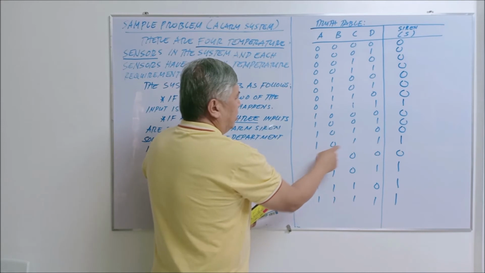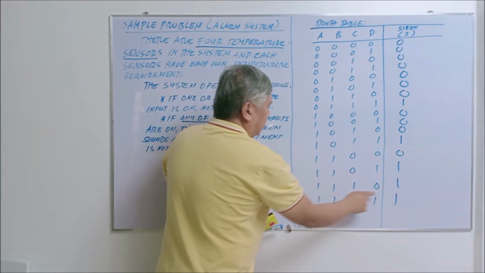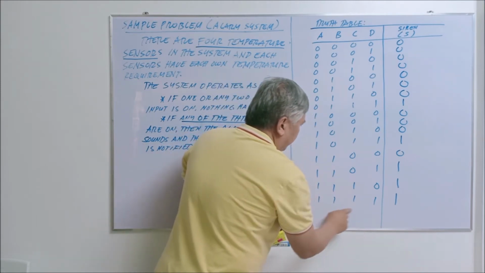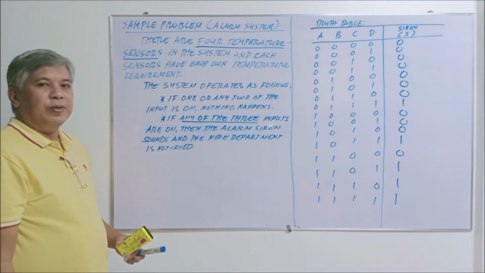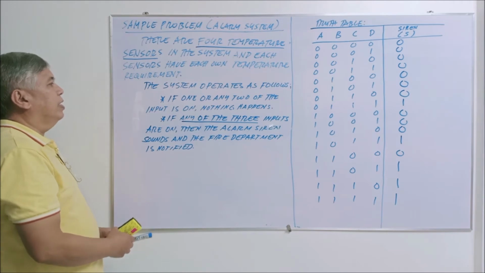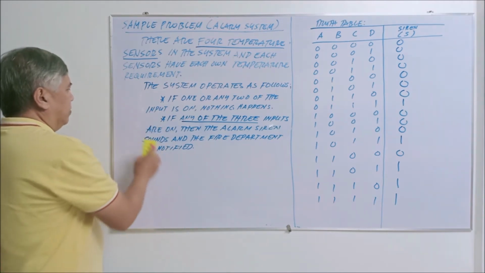This one here, 3 inputs are 1. For any of the 3 inputs on, the output will still be equal to 1. Okay? So that will be our truth table representation of this particular requirement.